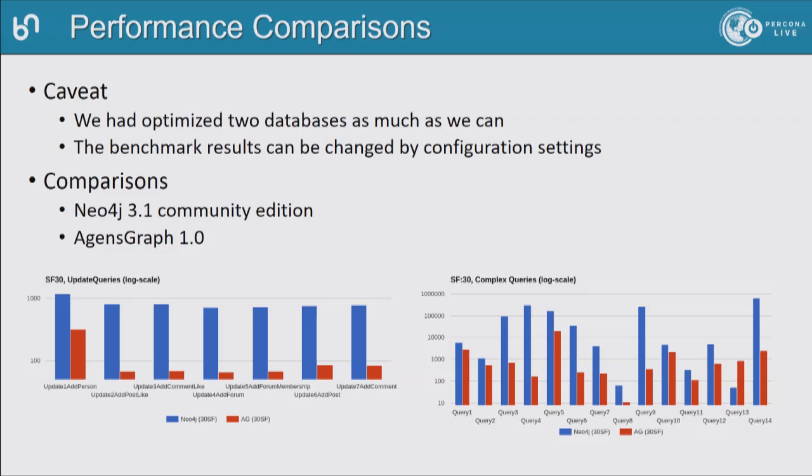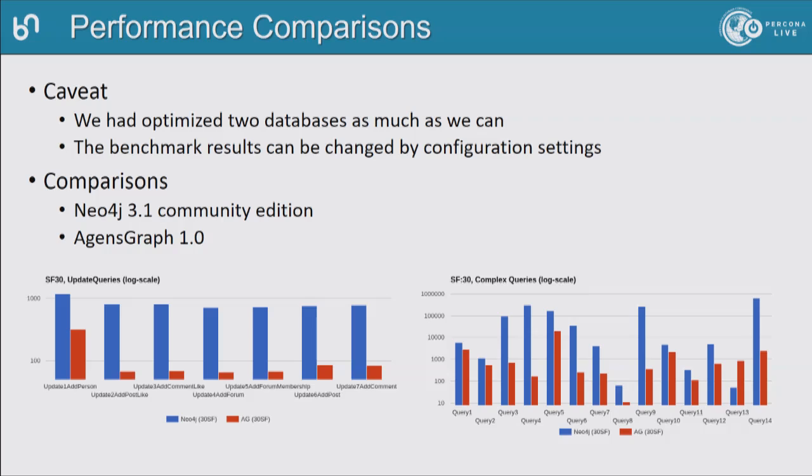For now, the result shows that AgensGraph is much faster for updates and complex queries too. And notice that for this chart, the y-axis is log scale. For updates, the results are because of the efficient concurrency control of AgensGraph, which exploits the MVCC model of PostgreSQL. For the complex queries, AgensGraph is better than Neo4j for most queries.